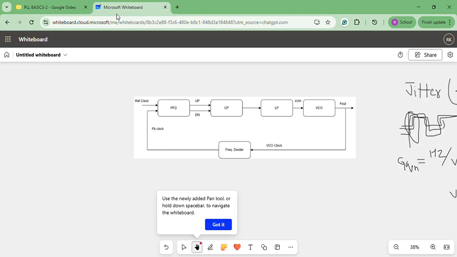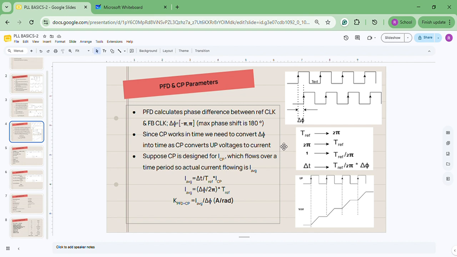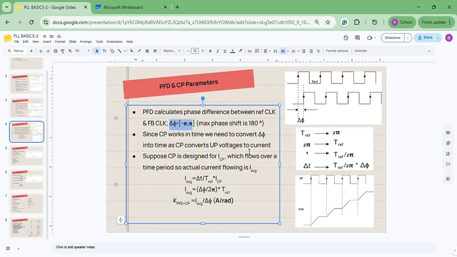So what can be the maximum phase shift between any two signals? Inverted, right? Maximum phase shift is 180 degrees. So if we do plus and minus, the phase shift should always lie between minus pi to plus pi.